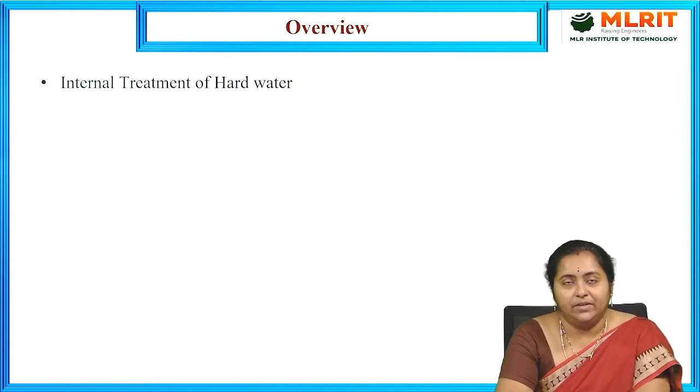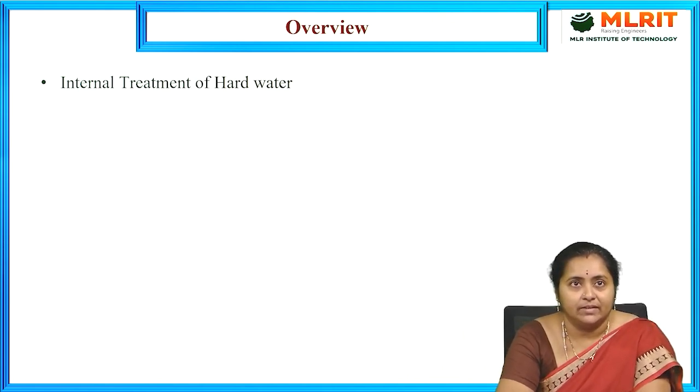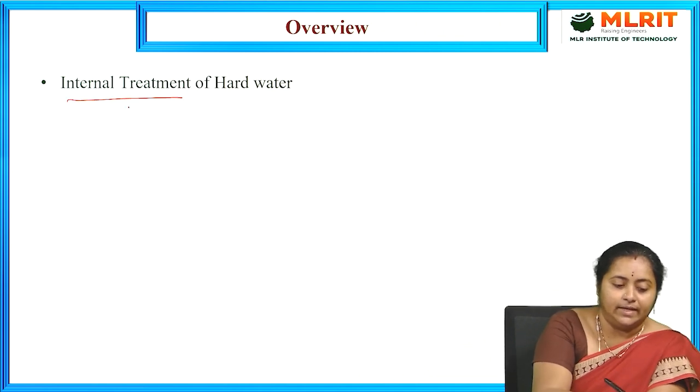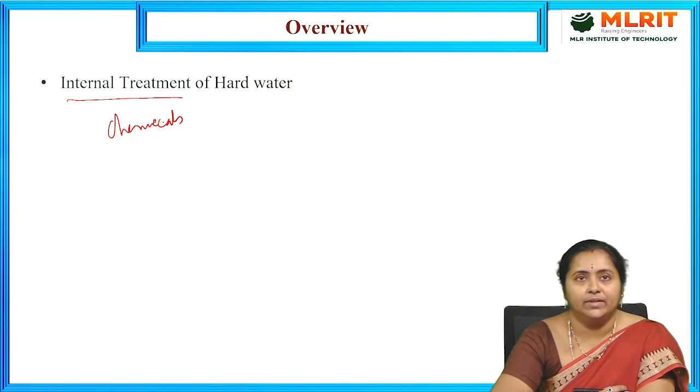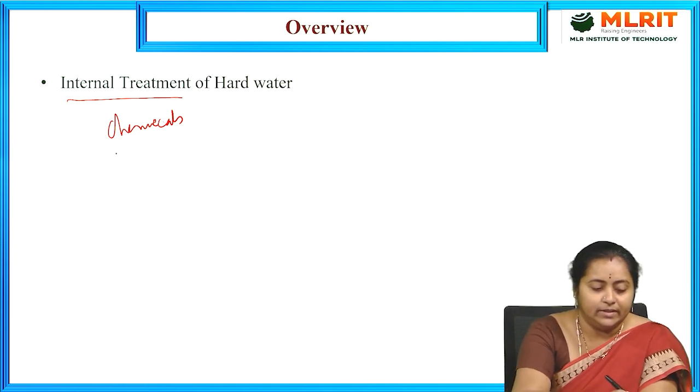Say, for example, if you are using hard water in a boiler for steam generation, it has hardness. Internally, how can we reduce this hardness? That is what we call internal treatment. This is done by adding some chemicals directly to the boiler water and mixing very well.